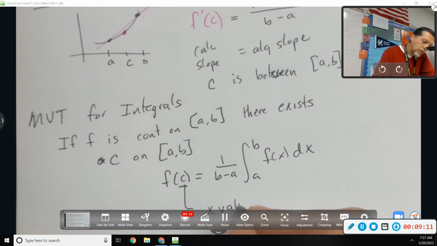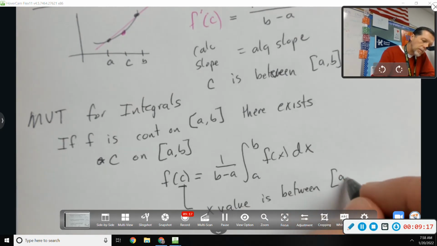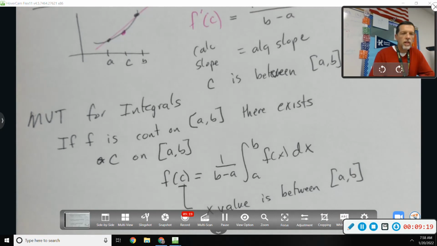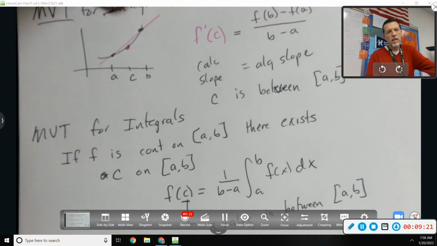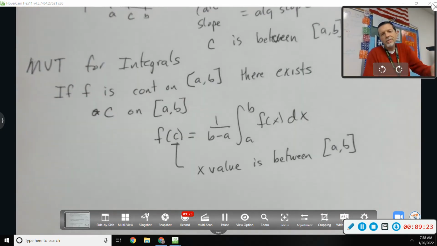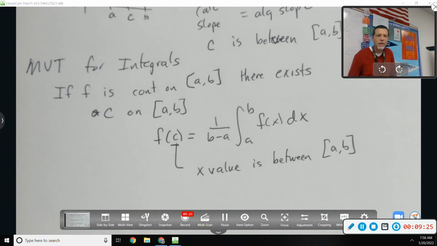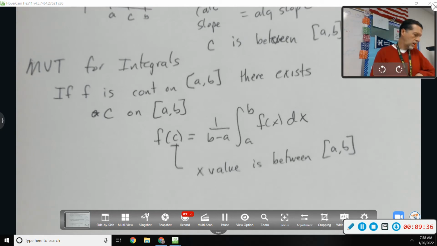The x value is between a and b. So the conclusion is kind of similar, like c exists between a and b. For integrals, it's that the average value happens between a and b. For derivatives, it's that the slope happens between a and b.